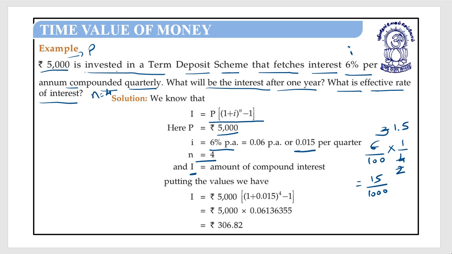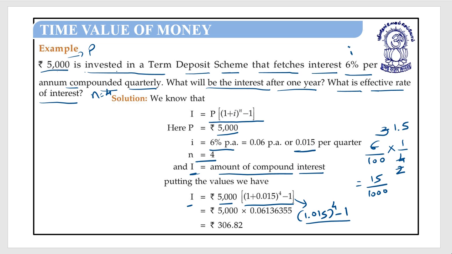Capital I is equal to the amount of compound interest. Putting the values, I is equal to 5000 in the bracket 1 plus 0.015 raised to 4 minus 1. 5000 into this bracket value we will find out using the calculator. So 1.015 raised to 4 minus 1.